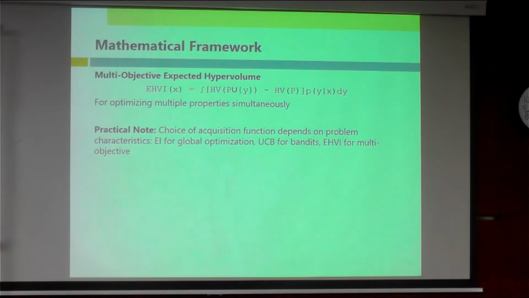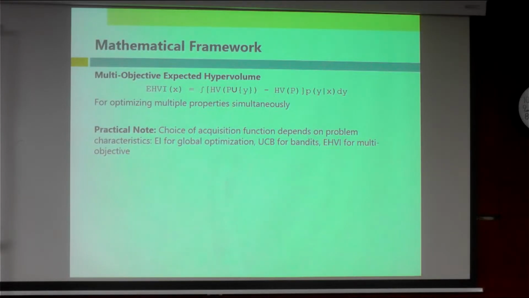That's why multi-objective expected hypervolume improvement will be used. This optimizes multiple properties simultaneously by considering the hypervolume dominated by the Pareto frontier. So here with the expected hypervolume you can optimize a few properties in one process.